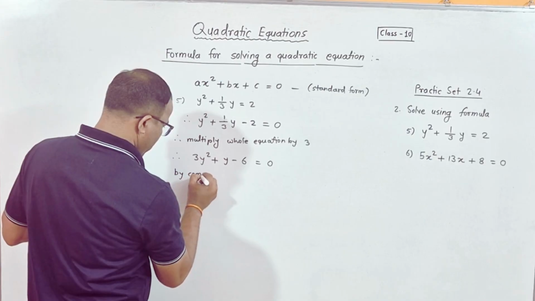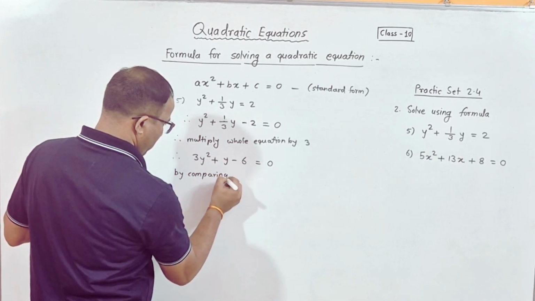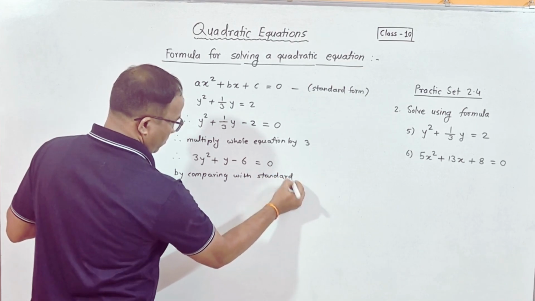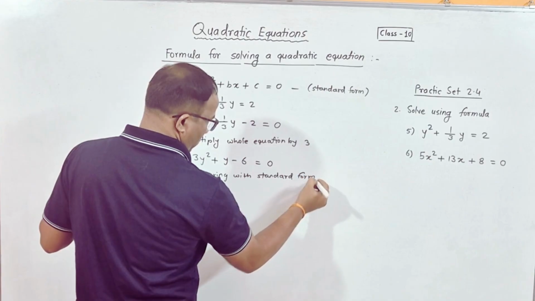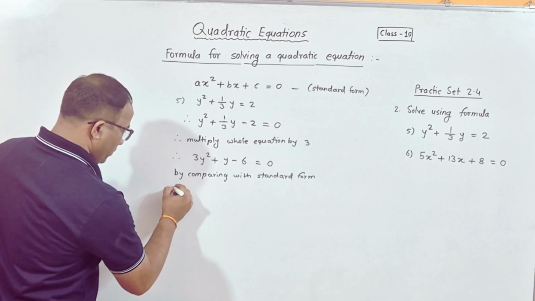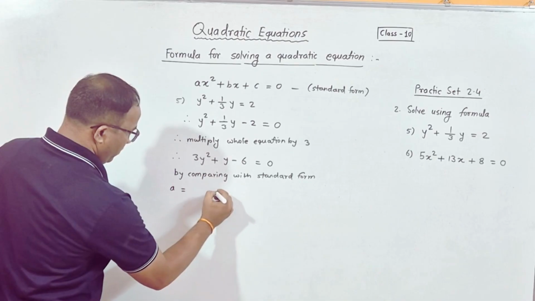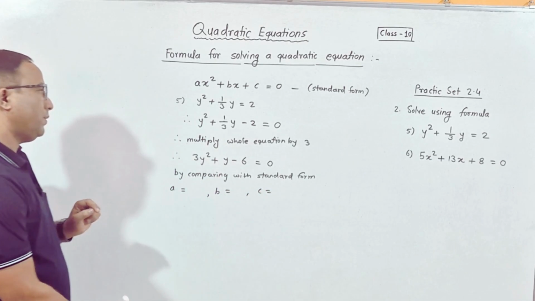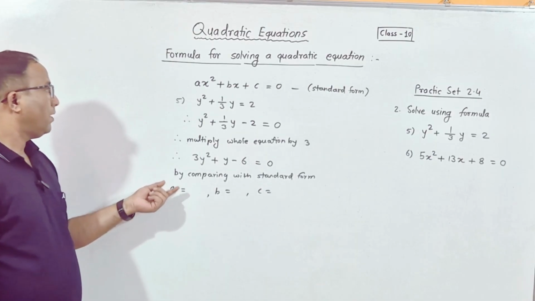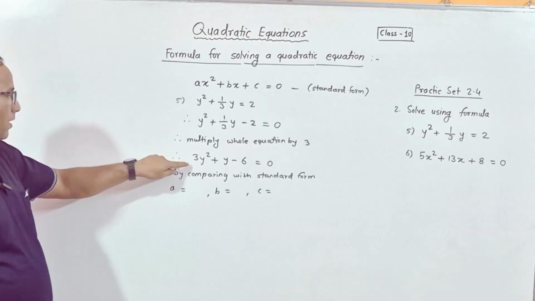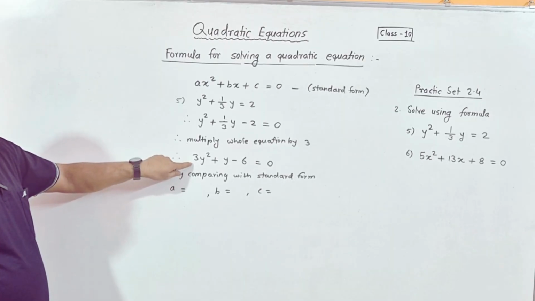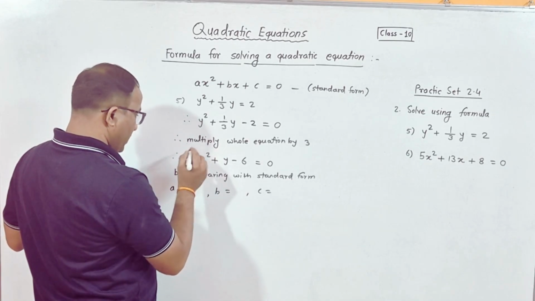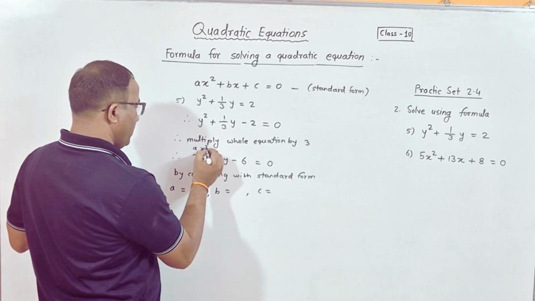By comparing with standard form, we can get the value of A, value of B, and value of C. So can you tell what is the value of A when we are going to compare this equation and this? For the sake of understanding, I am writing here the standard format.